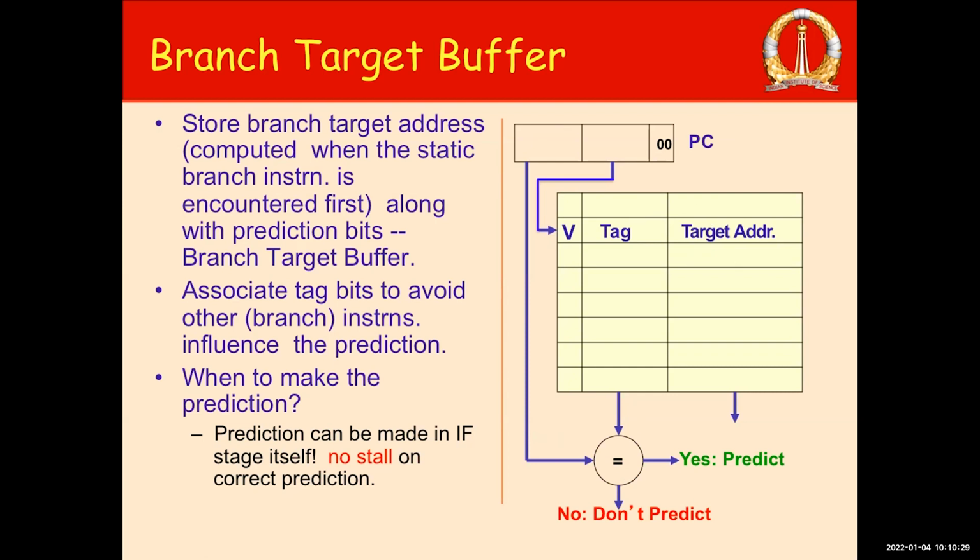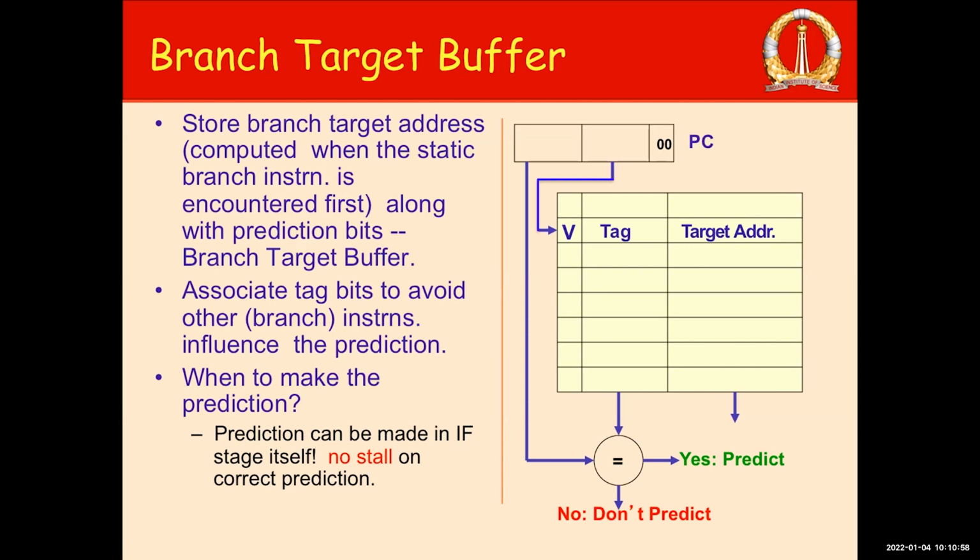Now, any time you find a valid entry in the branch target buffer with the tags matching, it means that this instruction was a branch instruction, it was seen some time ago, and the target address was calculated and saved here. So you can identify a branch instruction even during the instruction fetch phase itself, if you find the entry in the branch target buffer.